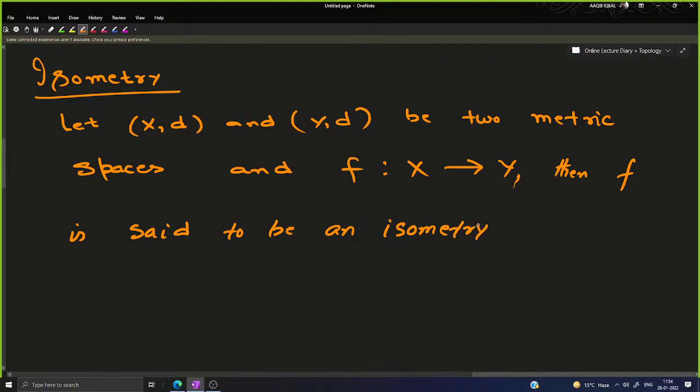We say the function f is an isometry if and only if this thing happens. If and only if the distance between f of x and f of u is equal to the distance between x and u.